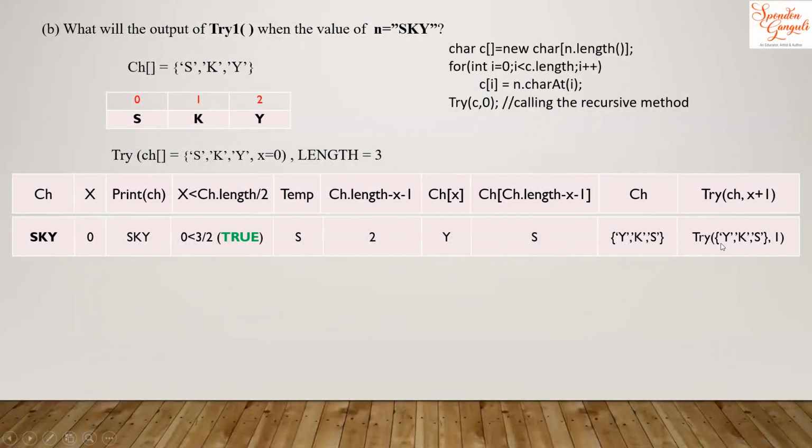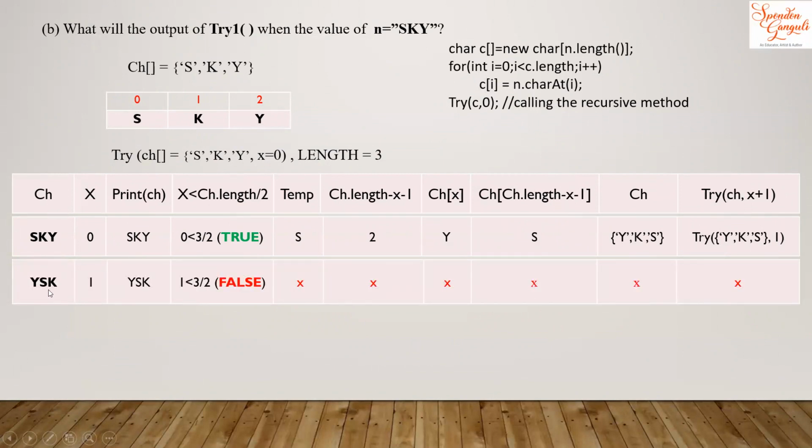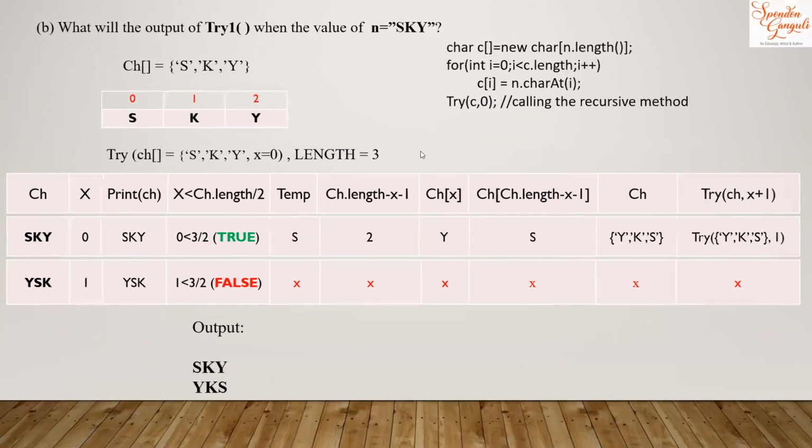The try function called itself again in a recursive way. Now when it is called with x at 1, the condition becomes false. So recursion stops. We get the output SKY and YKS. So this is clear to you all, I hope, when we find the output of a recursive function through the dry run table. Let's move ahead.